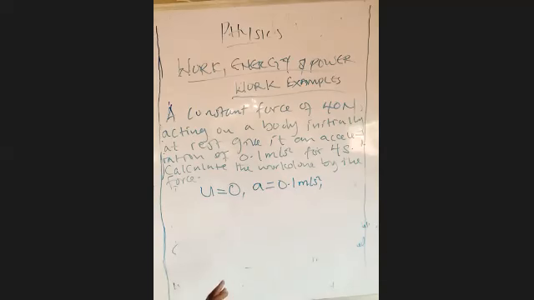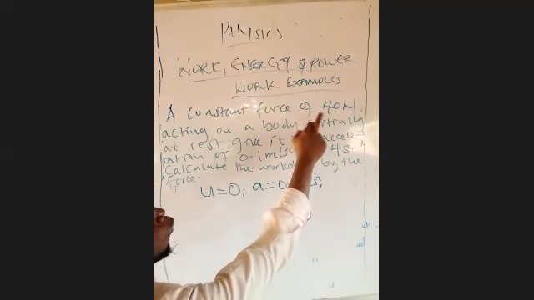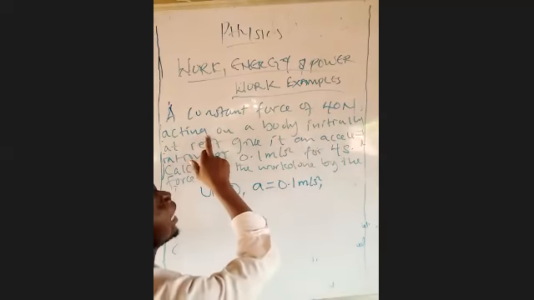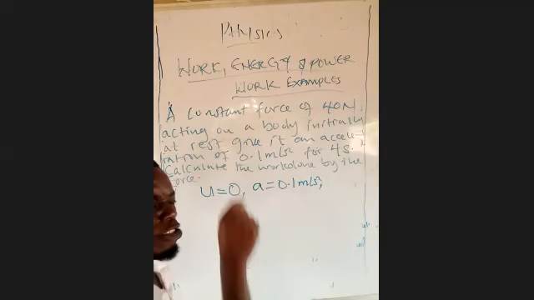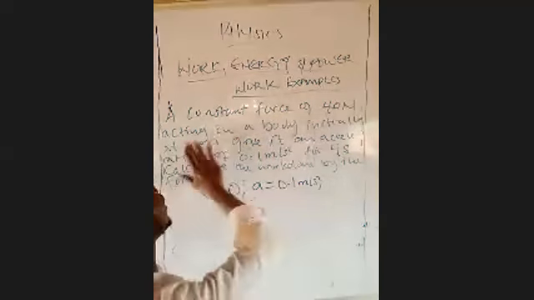Let me try to explain again. Looking at the question, it said a constant force of 40 Newton, so our force is 40 Newton, acting on the body. The body is initially at rest.